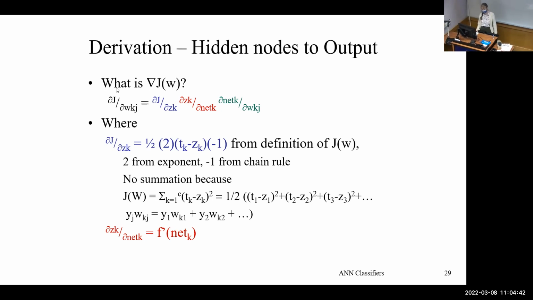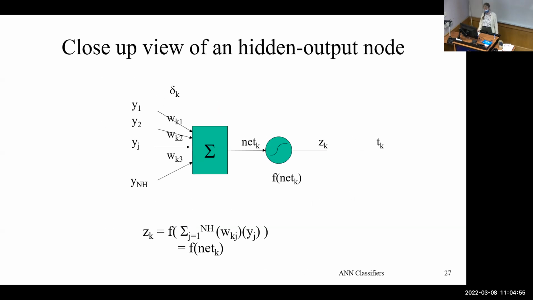We took our original gradient, broke it into 3 parts, calculated the first part, and calculated the second part. And the third part: net is equal to the sum of the w's times the y's.